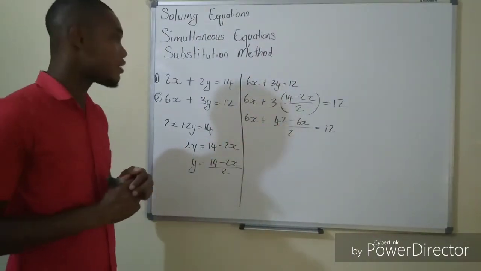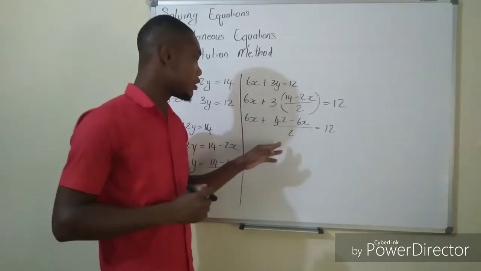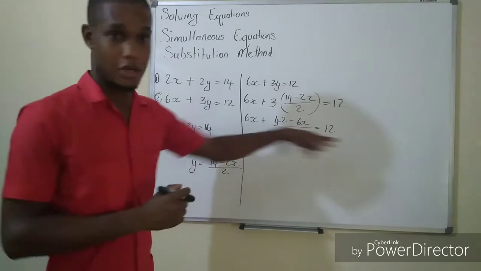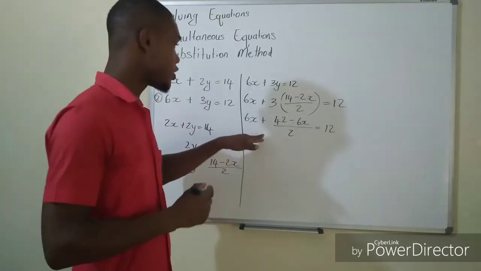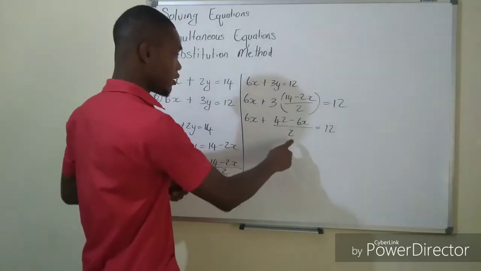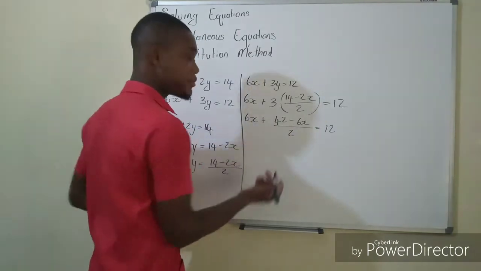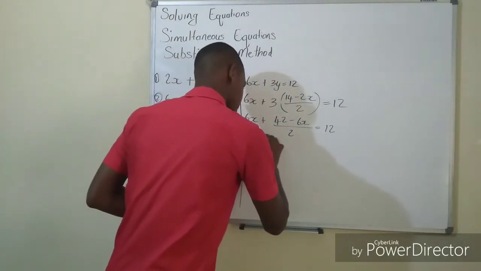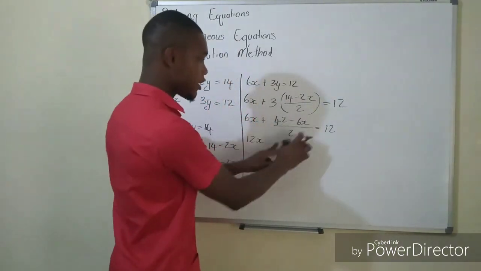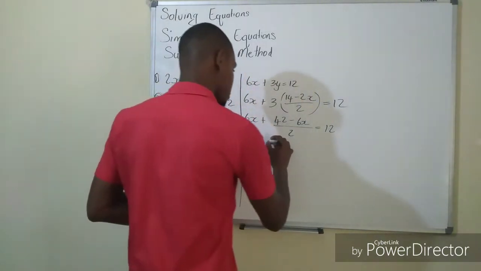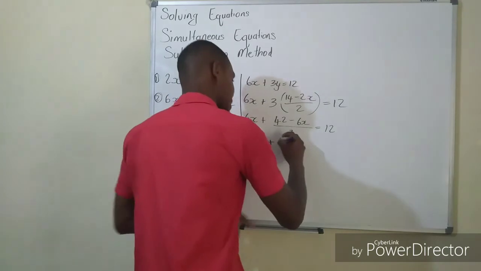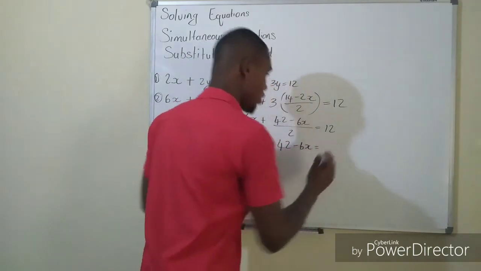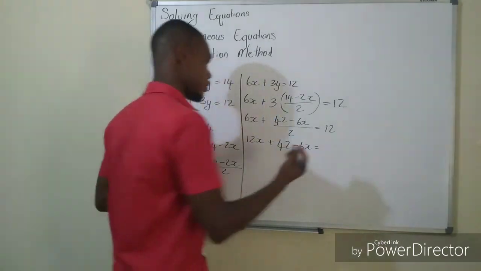So now you can try to get rid of the denominator here by multiplying everything in your equation by the number here. So 2 times 6x gives you 12x. 2 times what's here will eliminate the 2, so you'll just put back your plus, everything that's at the top, or your numerator, 42 minus 6x, equals 2 multiplied by 12, that gives you 24.